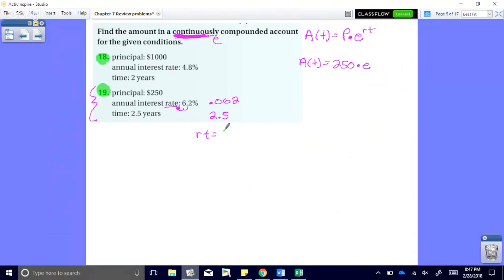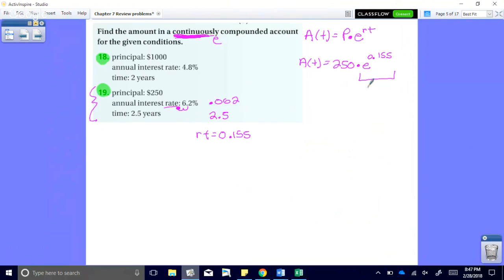Okay, so if I multiply 0.062 times 2.5, I get 0.155. So that's why I'm going to put here, R times T, 0.155. This now becomes calculator.